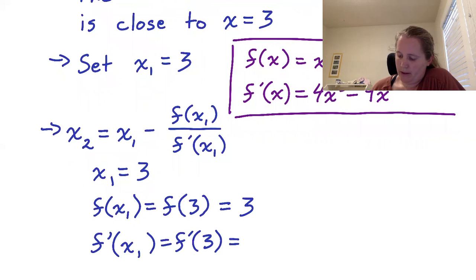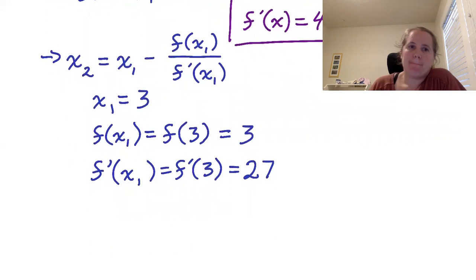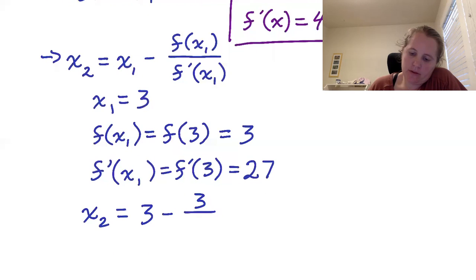I wind up getting 27. And so we have that x2 is equal to 3 minus 3 over 27.